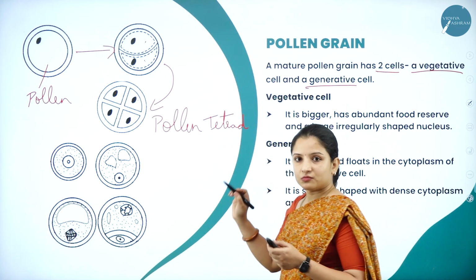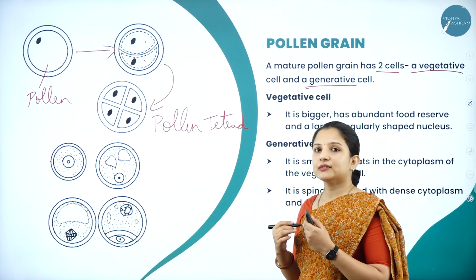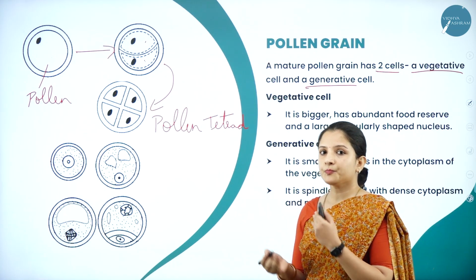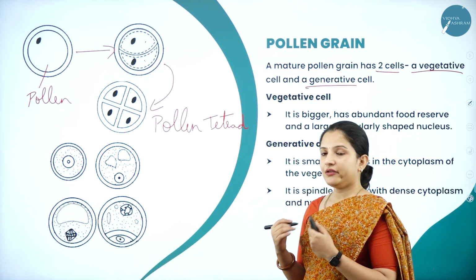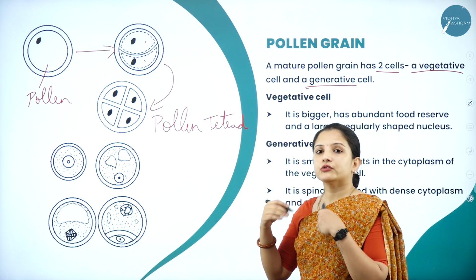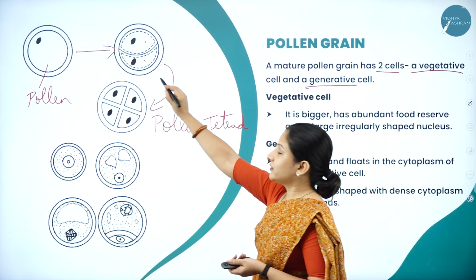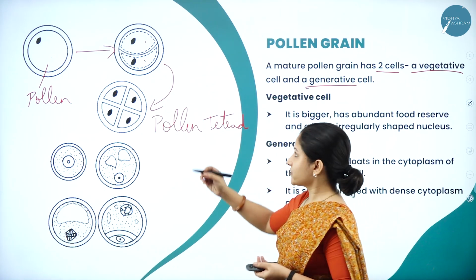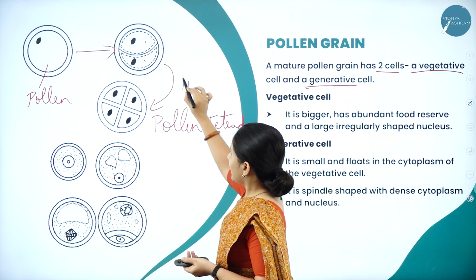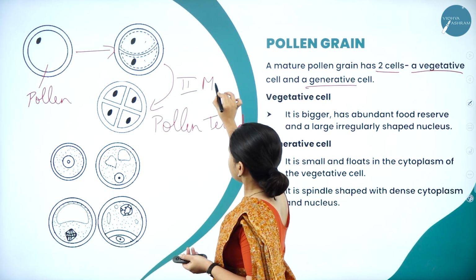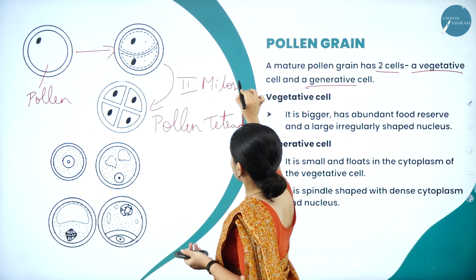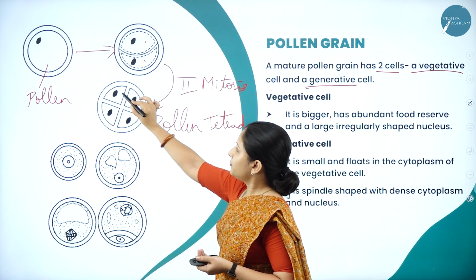I'm just giving you a small introduction here. In the coming sessions, when we study the pre-fertilization events, we'll study in detail how pollen grain formation occurs. So they undergo the first mitotic division and the second mitotic division to form a pollen tetrad.